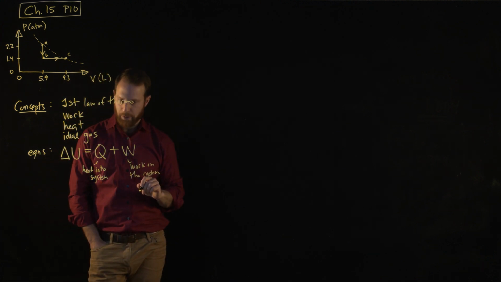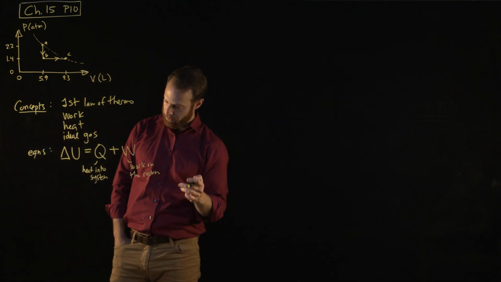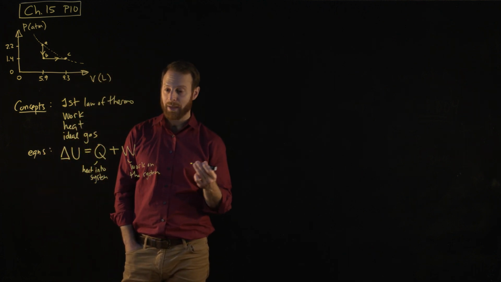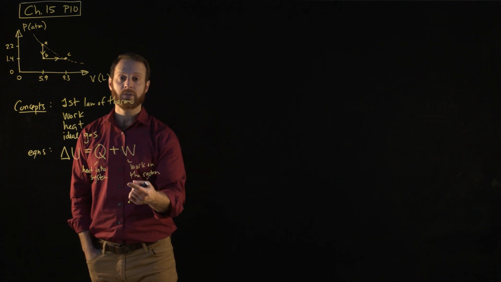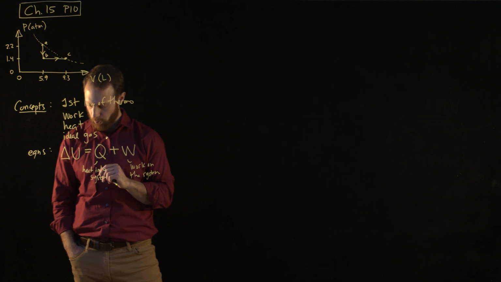It is important to distinguish the work done on the system from by the system. This question is asking, what is the total work done by the gas in the process? And that's fine. Once we know the work done on the system, the work done by the system is just minus that. It's just a difference in wording.